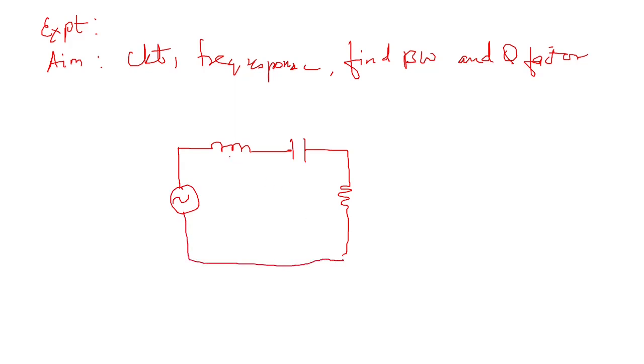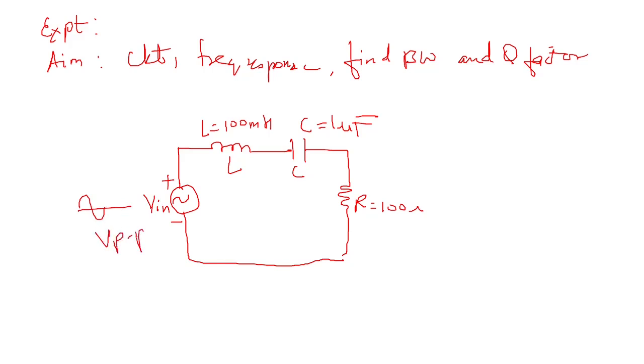The inductor we will take as 100 millihenries, the capacitor as 1 microfarad, and the resistance as 100 ohms. This will be your supply input from the frequency generator. You give an AC sine wave, and the peak to peak voltage of this AC wave we will keep as 5 volts.